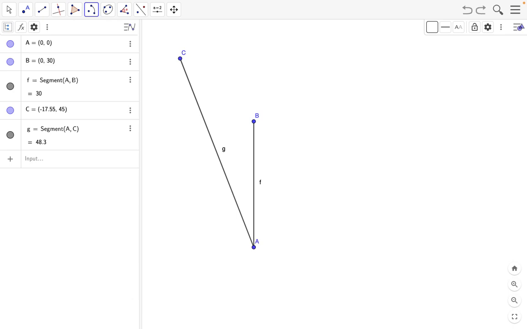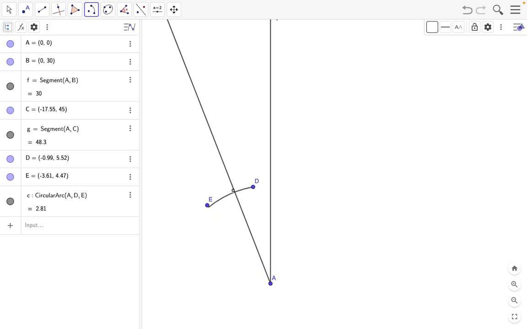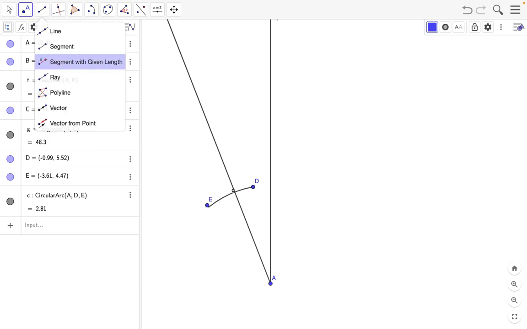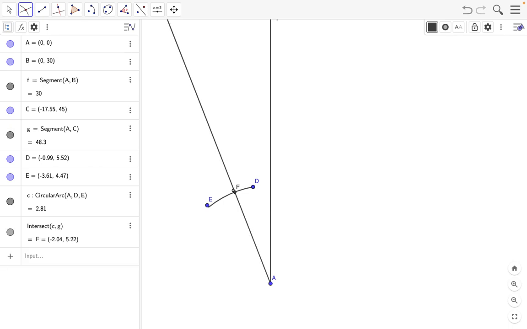So center as this, and then so this is the division. Now I need to determine the point of intersection here. So I will select the intersect command here from the point intersect. Now I will select this one and this one so that I can get the intersection.